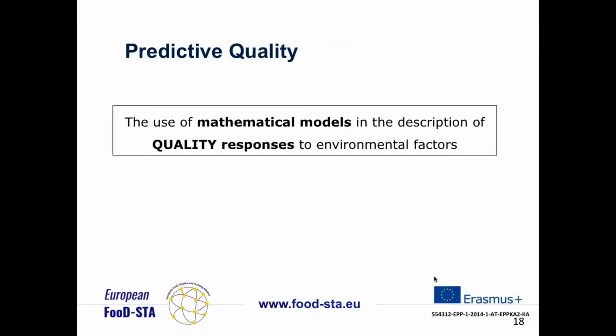I move now to predictive quality. This term, predictive quality, is not yet very common, but it is something similar to safety. It is the use of mathematical models for the description of quality responses to environmental factors.